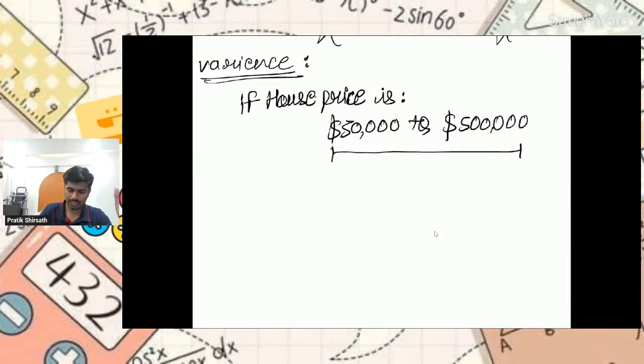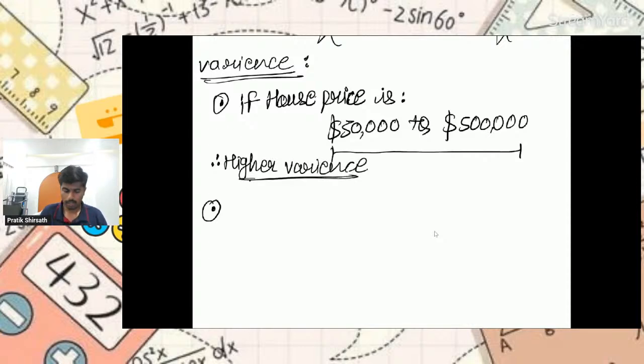Spreading of all the data points over the graph is nothing but the variance. The more the spread, the more the variance. Simple terms to understand it. And therefore, higher variance. Got it, guys?